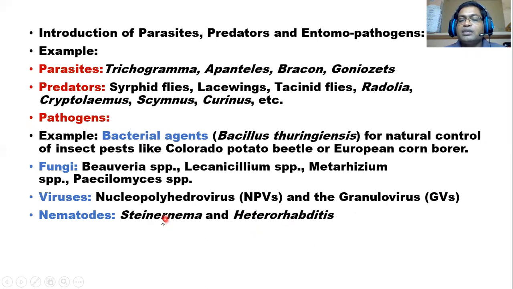There are two bacteria, Photorhabdus and Xenorhabdus, associated with these two nematodes. These bacteria kill the insect, and the nematode eats the insect. In this way, entomopathogens, predators and parasitoids work very efficiently as biological control agents.